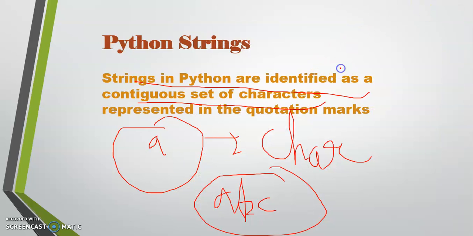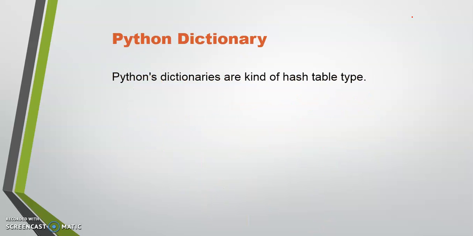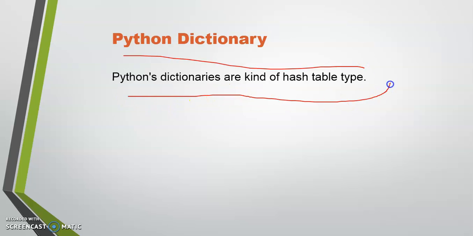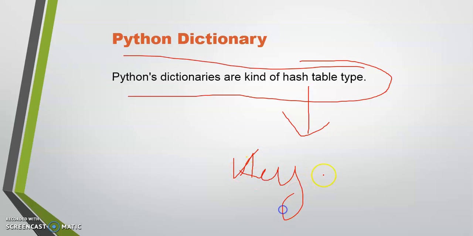Okay, so now this was the string data type. Now we would check out the next data type which is a part of Python. It is the Python dictionary. Okay, so Python dictionary is a kind of hash table. Basically, in this Python dictionary, we would have key value pairs.